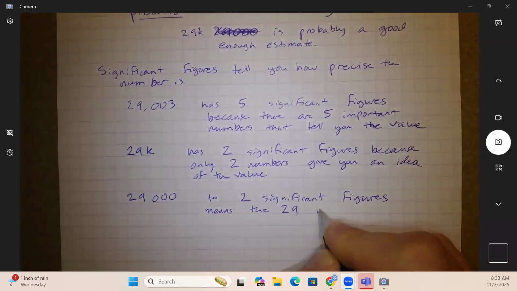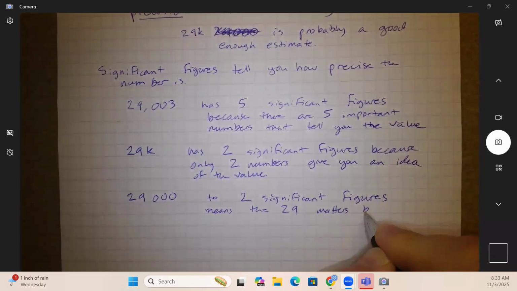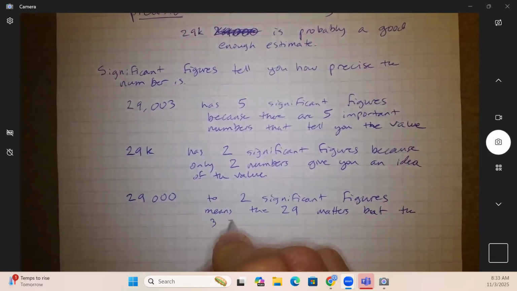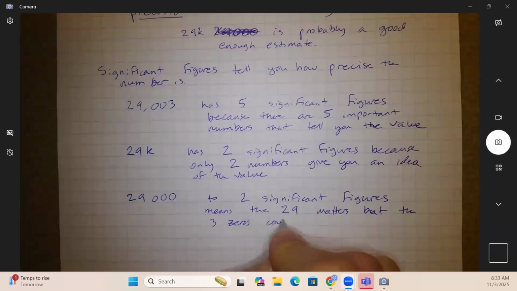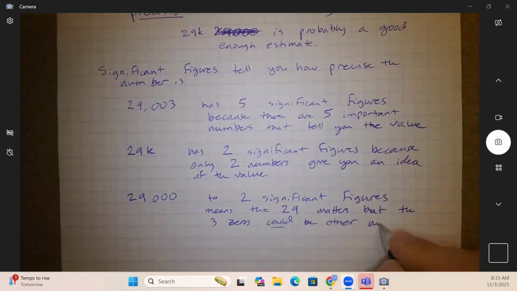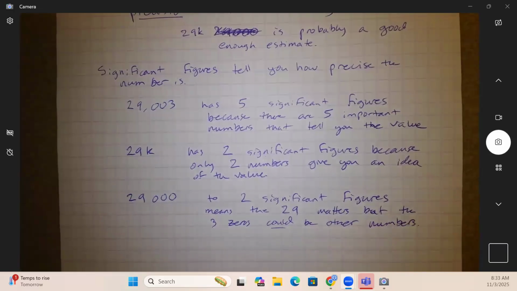Means the 29 matters, but the 3 zeros could be other numbers. We just can't tell.